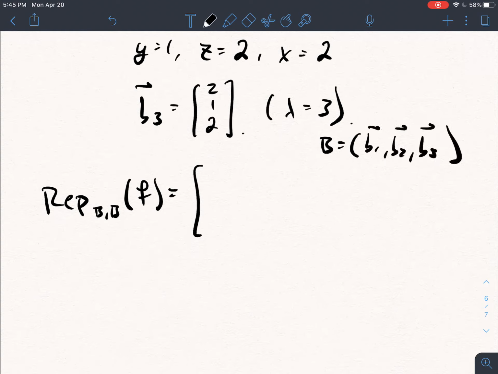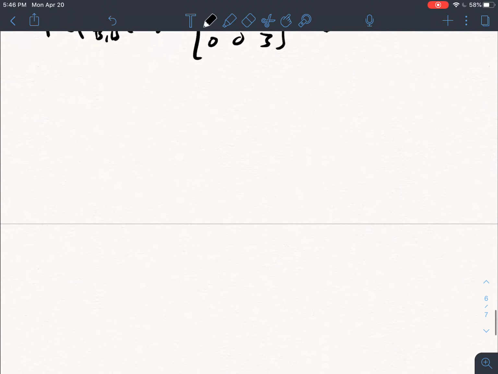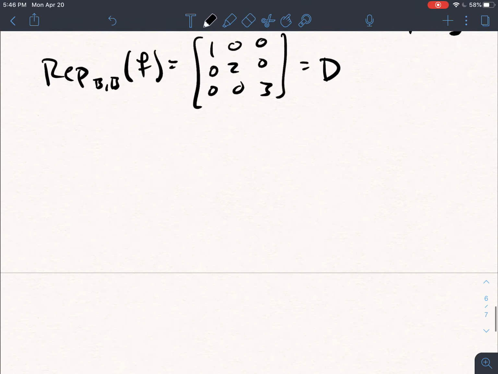Then rep B to B of f, where B is equal to b1, b2, b3, is the diagonal matrix with our eigenvalues along the diagonal. And so A and this matrix, which let's call D for diagonal, differ by a change of basis matrix. And what is that change of basis matrix?